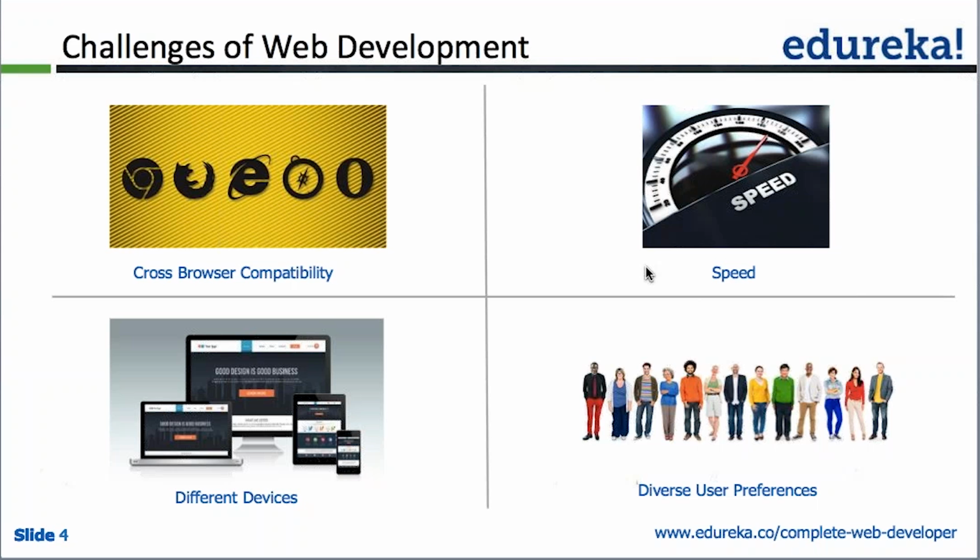If at that point of time the website is not available on your mobile, the company has lost one customer. So we need to be omnipresent. We need to be available everywhere.